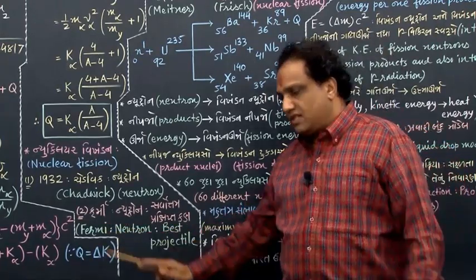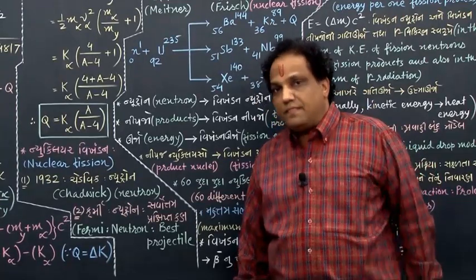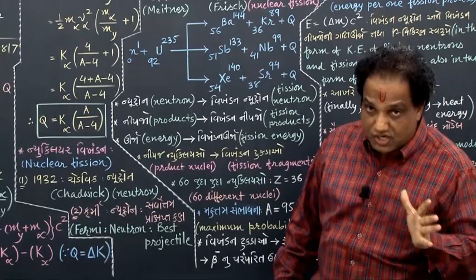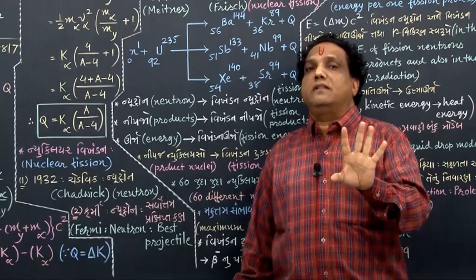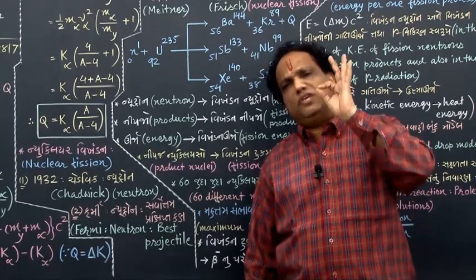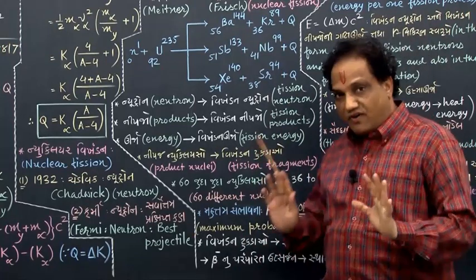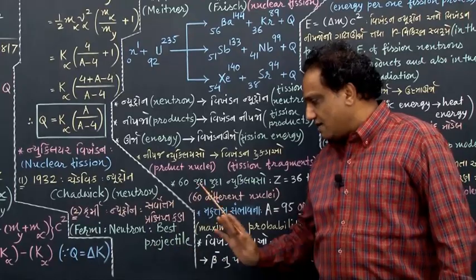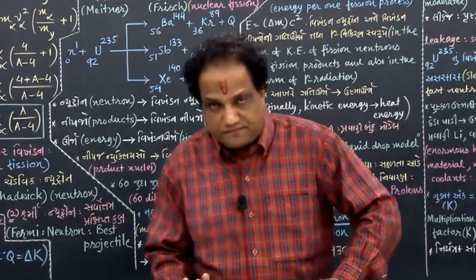The same fellow, in the year 1939, had suggested that if we want to carry out a nuclear reaction using neutron as a projectile, then it is found to be the best projectile. Neutrons were referred to by Mr. Fermi as the best projectile. Why? See, there is a reason.